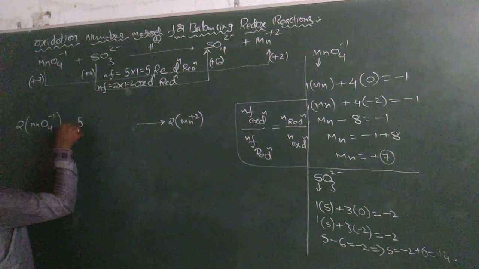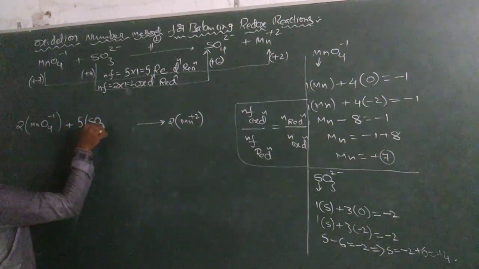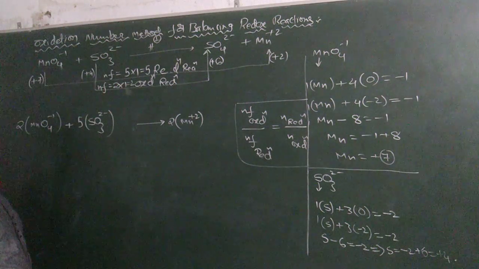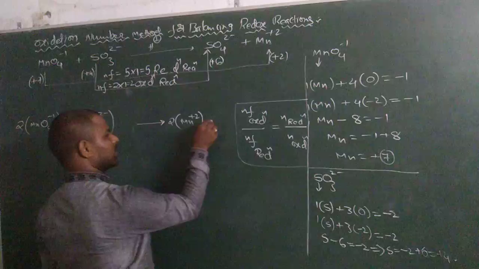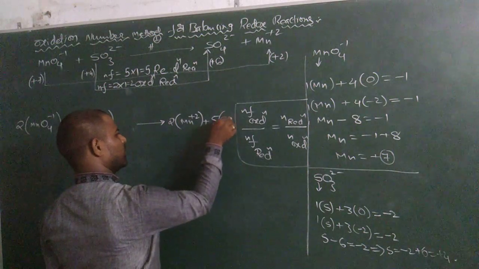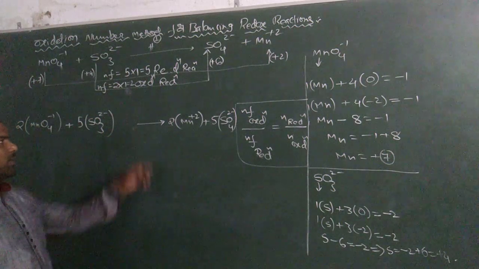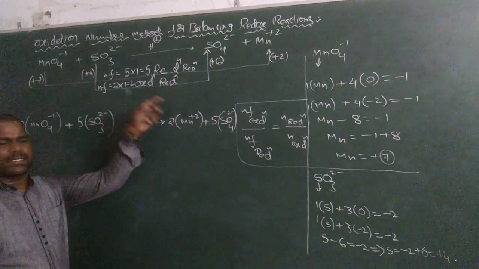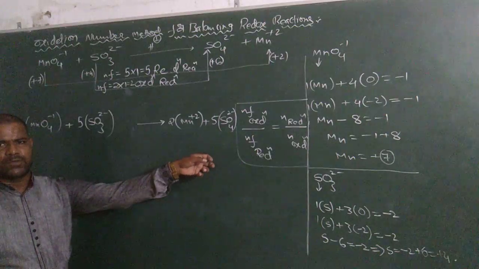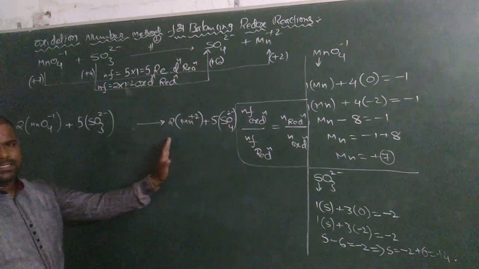So we take 5 into SO3 2 minus giving 5 into SO4 2 minus. So when we take the reciprocals of n factors as molar coefficients, we will have this equation.